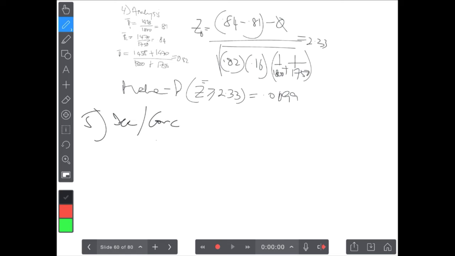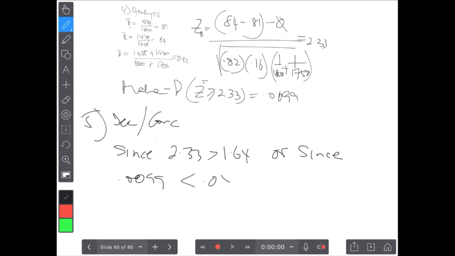Since 2.33 is greater than 1.64, that's the critical value approach, or the p-value approach would say, since 0.0099 is less than 0.05, that's basically our p-value is less than alpha, we will reject the null hypothesis.